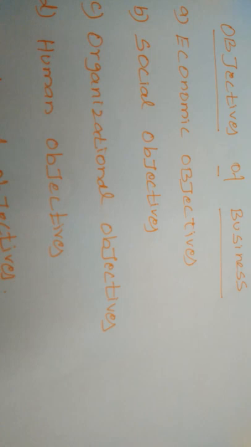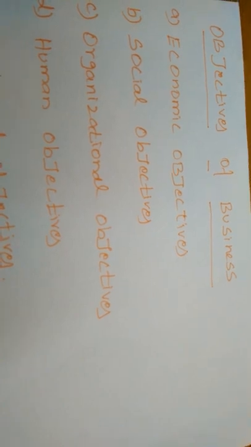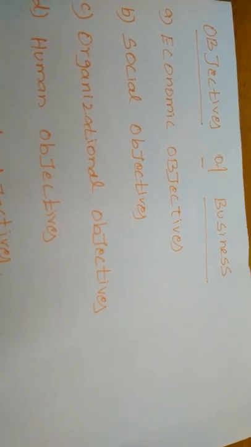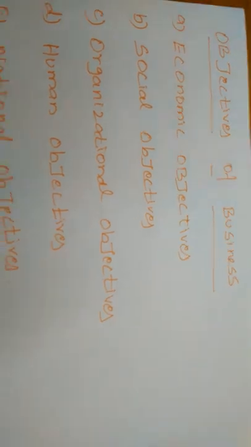The economic objectives also include other objectives that are necessary to be pursued to achieve the profit objective, which include creation of customers, regular innovations, and best possible use of available resources.